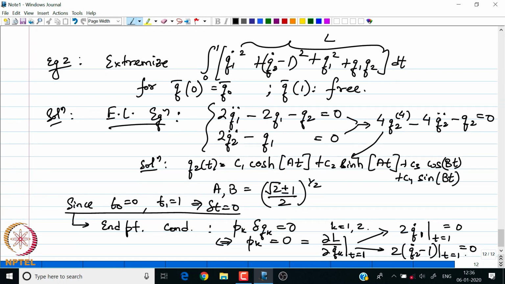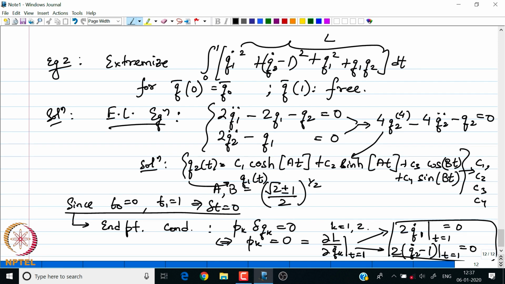So, these are my two conditions, and now I am left. So notice that from my q2, I can always find q1 of t. But note in this description I have 4 constants c1, c2, c3 and c4, but I have 2 endpoint conditions and I also have 2 boundary conditions, which will fully determine these 4 unknown constants of the problem.